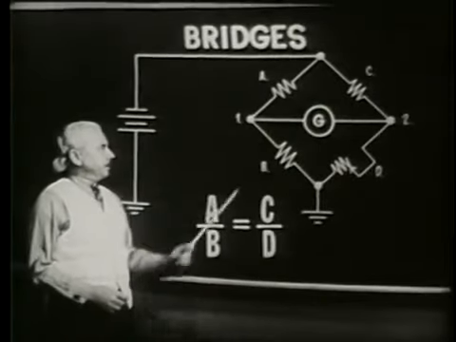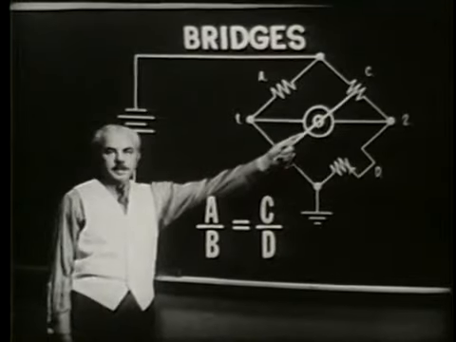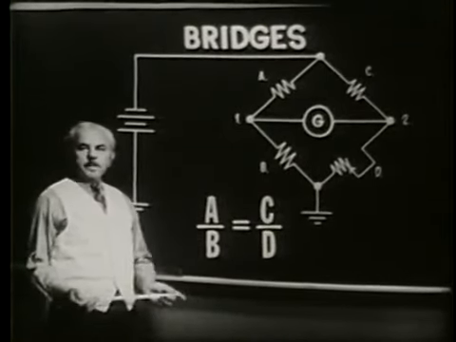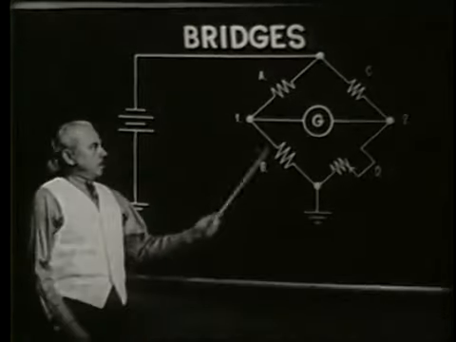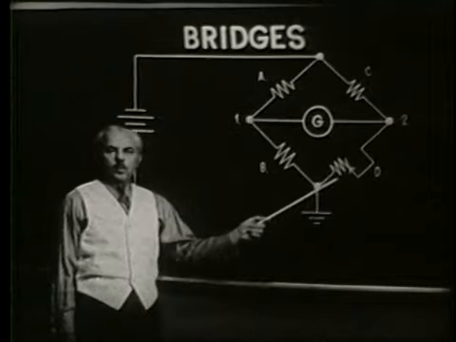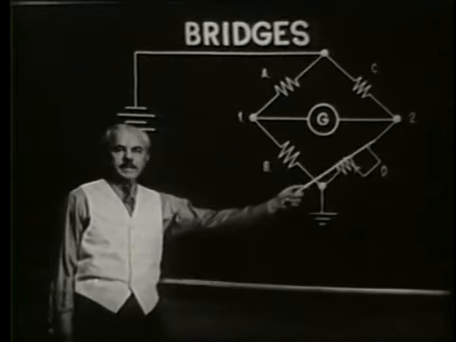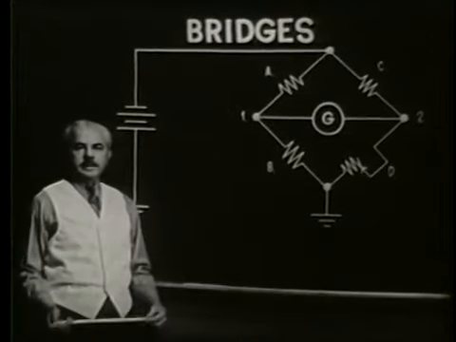Also, in a balanced condition, A over B is equal to C over D. And this ratio is true for both voltage and resistance. When out of balance, one variable resistor can control both the direction of current and the quantity of current through the detector.